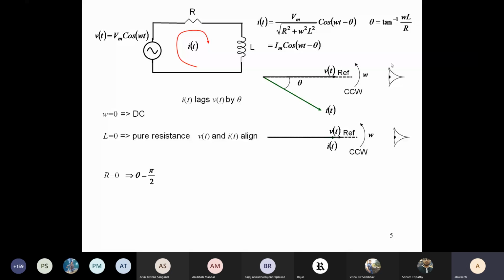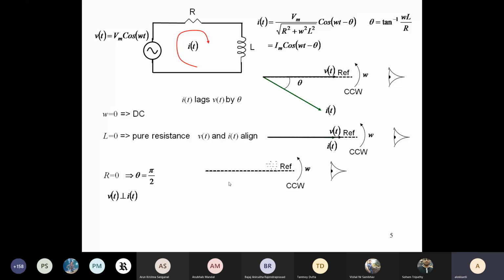Okay, so if your theta becomes pi by 2, what will happen? How will the phasors look? Your VT and IT will be perpendicular to each other. If you align the voltage phasor along the reference, the current will be lagging the voltage by 90 degrees.